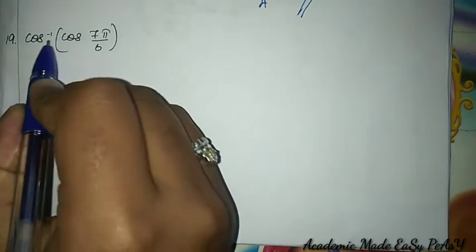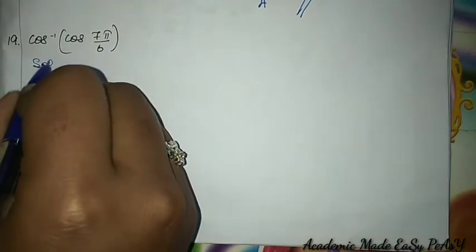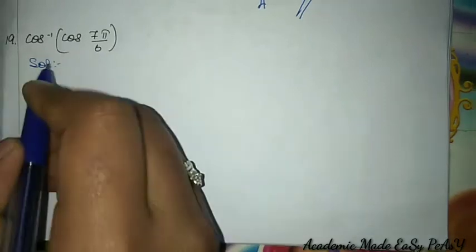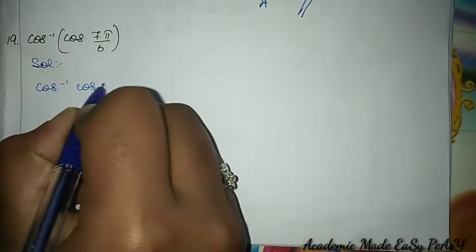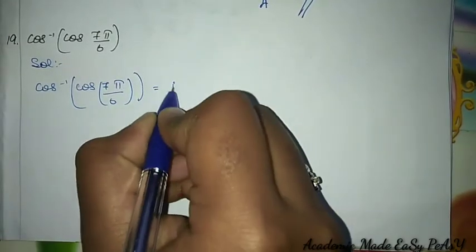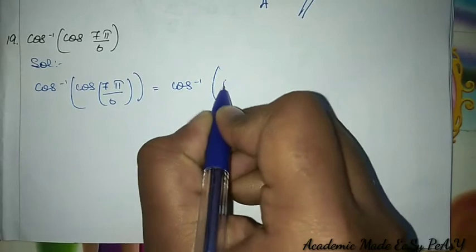Question 19, cos inverse cos 7 pi by 6. So this one is very easy question. So here also we will be splitting it in such a way that we will get a simplified form for cos inverse cos 7 pi by 6. Okay. So now cos inverse cos 7 pi by 6 is equal to cos inverse cos.